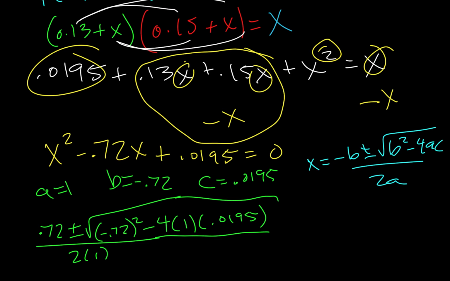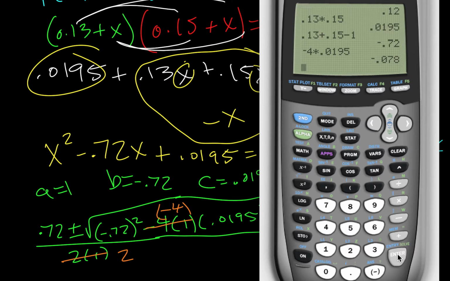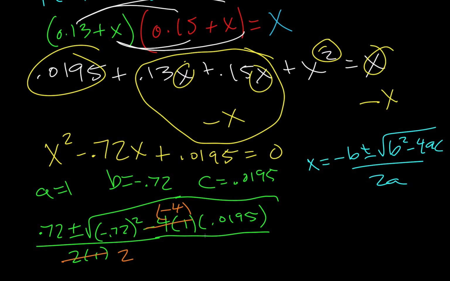Alright. So the bottom of this is just going to be 2. Negative 4 times 1 is going to be negative 4. And then negative 4 times 0.0195, we get negative 0.078.